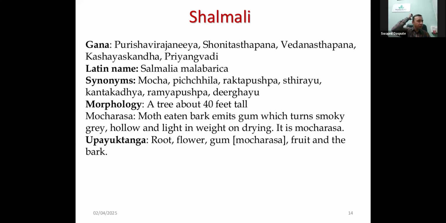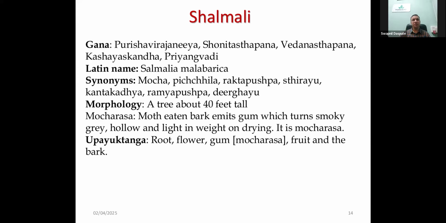So this is a resin or gum which comes out of the bark of the tree. A particular moth will eat up the bark of the tree, and this resin will start coming out. It is gray in color, light in weight, and it is very useful in medicine.